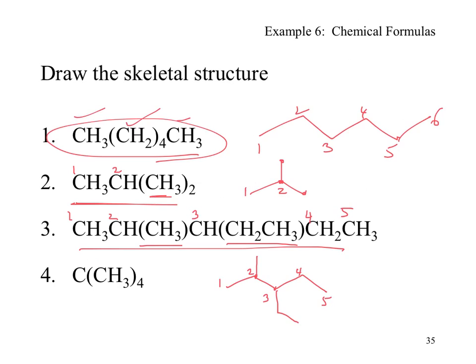This really should have been written as CH, CH3 twice, CH, CH2, CH3 whole twice. That would be okay. And then you have C(CH3)4, which would mean you have a carbon in the middle, and then it's connected to 4 methyls in all directions. So that's going to be your item number 4.